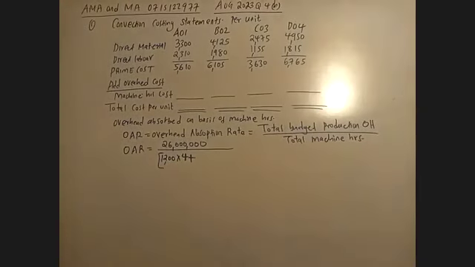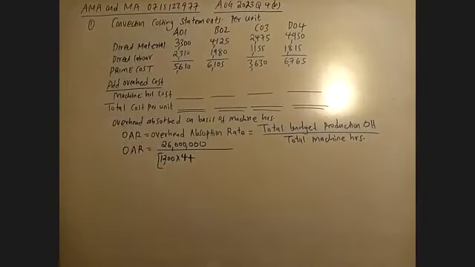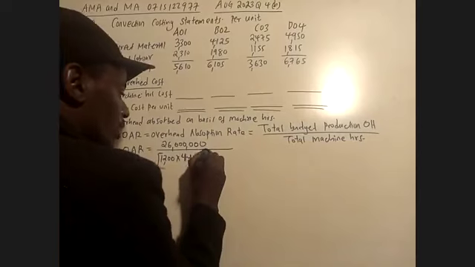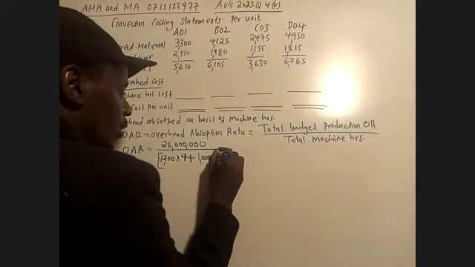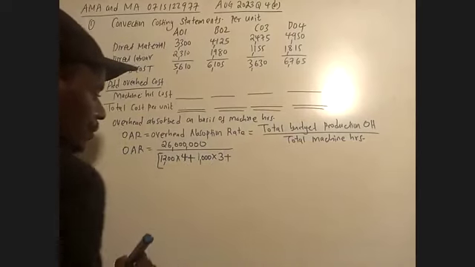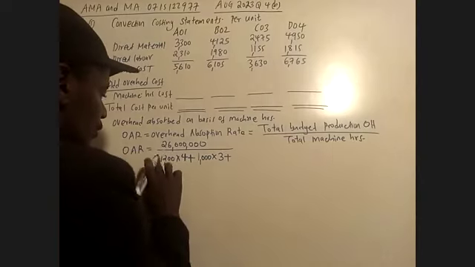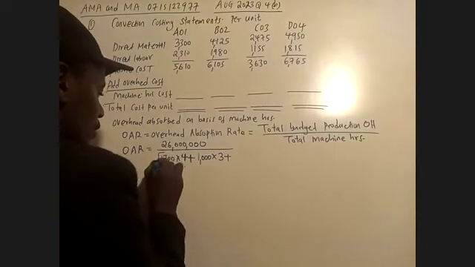How many hours per unit? Is 3 hours. The total units is 1000, I mean, 21,000 units. But hours per unit is 3.